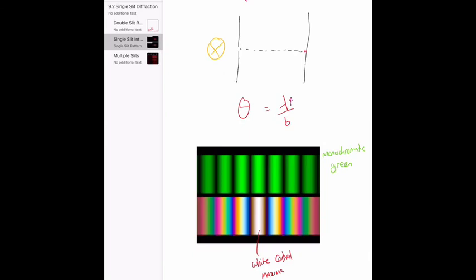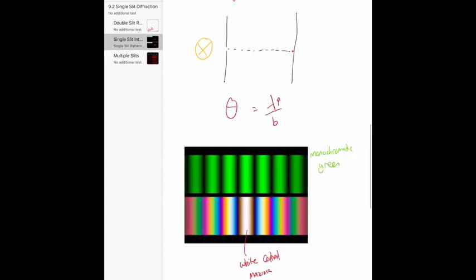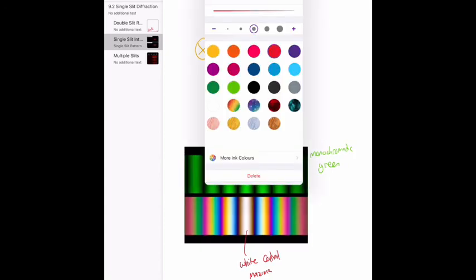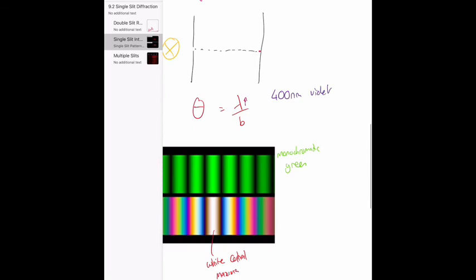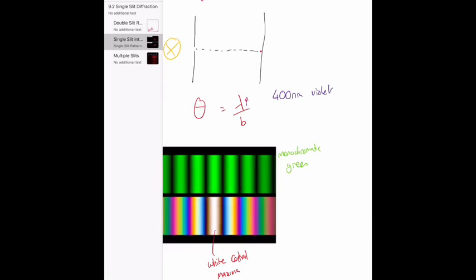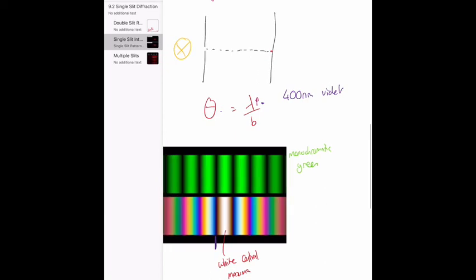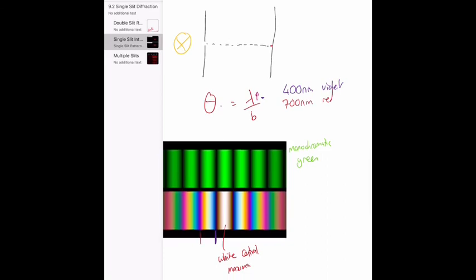Then, let's take a little look. We know that violet, indigo, they've got the shortest wavelength, so about 400 nanometers. So with the smallest value for lambda, they're going to have the smallest diffraction. So my violet light gets diffracted the least. Red, on the other hand, wavelength of about 700 nanometers, that's going to get diffracted the most.